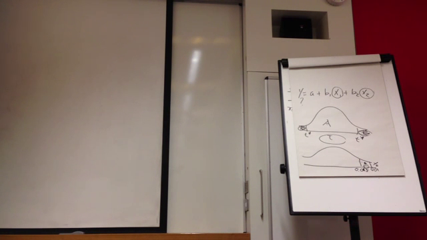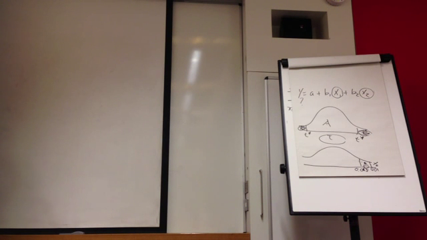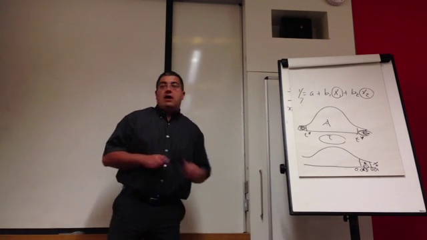And finally, G: the p-value of a test is the probability that the null hypothesis is true. It's false. The p-value is actually the strength of evidence against accepting the null hypothesis. Okay? So these sorts of questions.